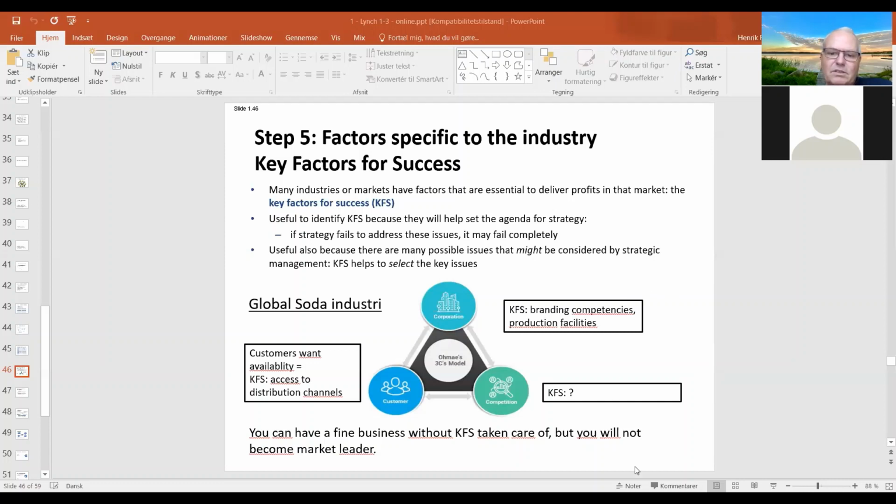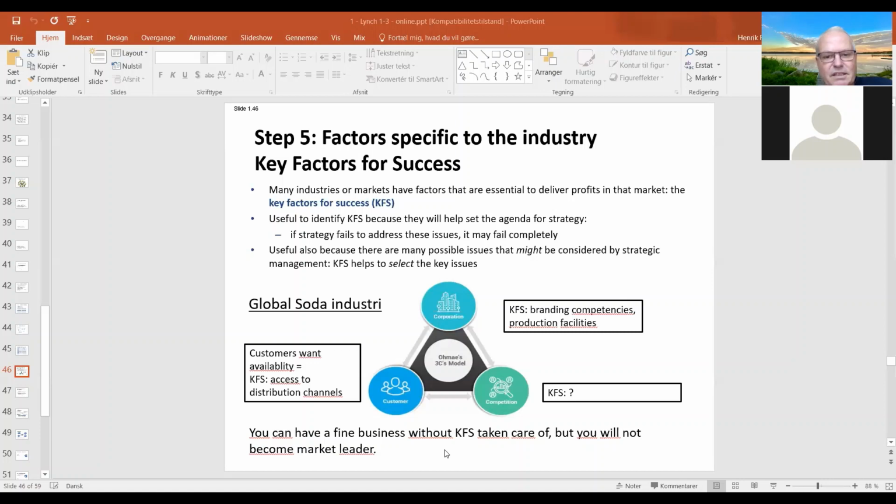So it also means that you can have a fine business without the KFSs taken care of, but you will never become the market leader within an industry having 3 or 4 specific key factors for success.